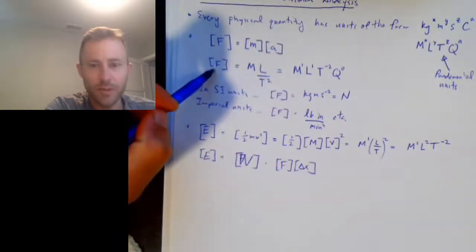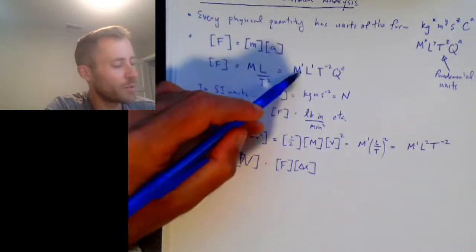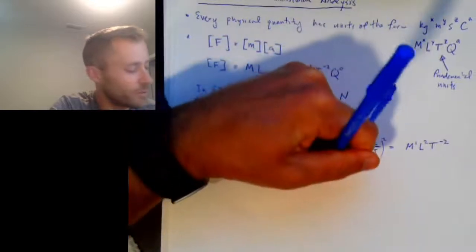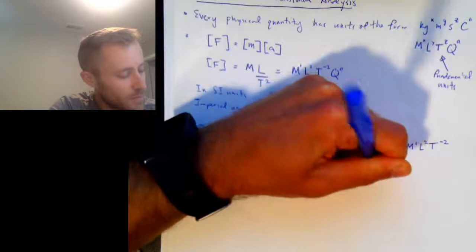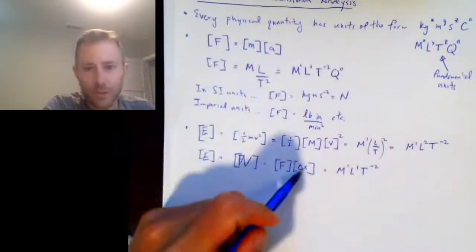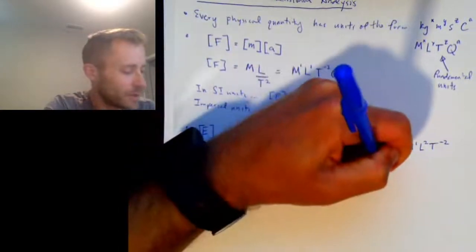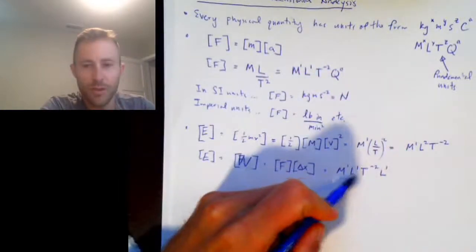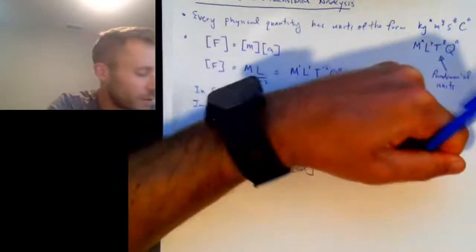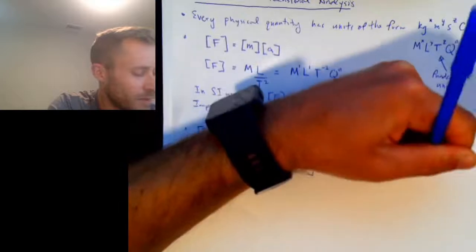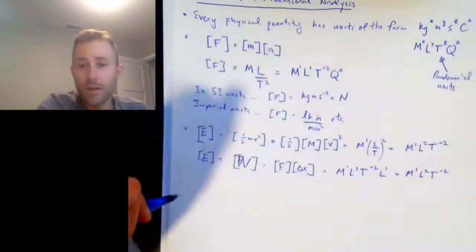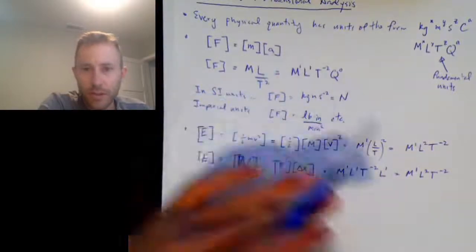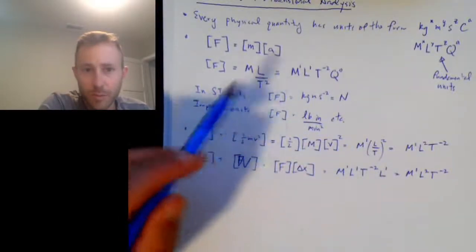The units of force I just figured out from the previous example are M to the 1, L to the 1, T to the -2. And the units of displacement are L. So I have L to the 1 times L to the 1. So I have M to the 1, L to the 2, T to the -2, once again. So this is how you find the fundamental units of some quantities.